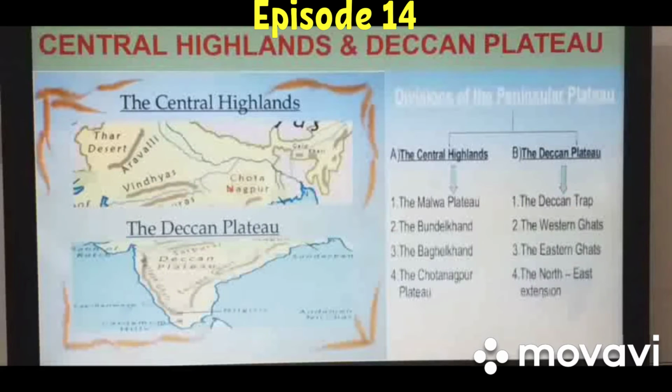So only Narmada and Tapi are the two rivers which flow from east to west. The rest of the rivers that flow through this region have the direction from west to east. So it indicates the slope of the central highlands.